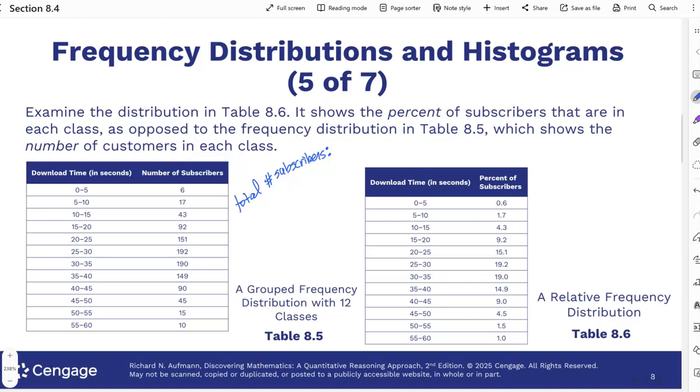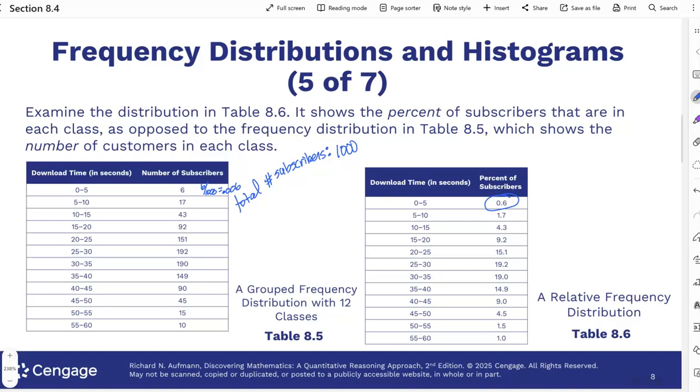When I added all this up, I had a total of 1,000. Then we would find that relative frequency by taking that 6 and dividing it by 1,000, which is 0.006. If I want to turn that into a percent, I would multiply it by 100 or move that decimal 2 places to the right.